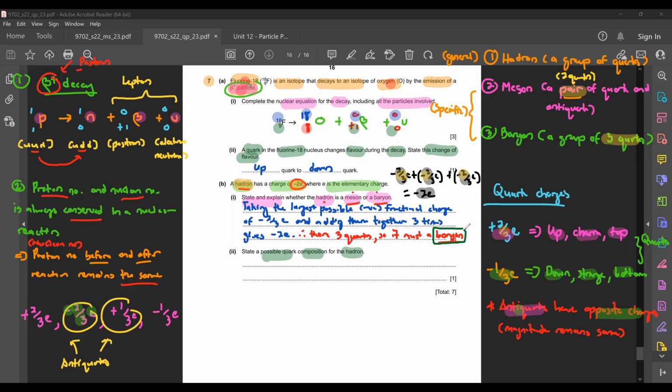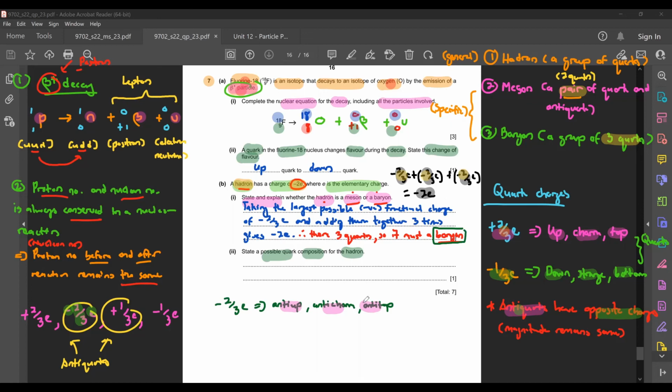For a charge of negative 2 over 3e, you actually have the anti-up quark, anti-charm quark, and anti-top quark. You can choose any from these 3 quarks as your combination, or you can just choose one of them alone. Any combination would do.